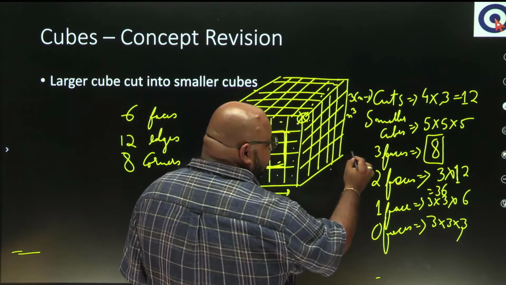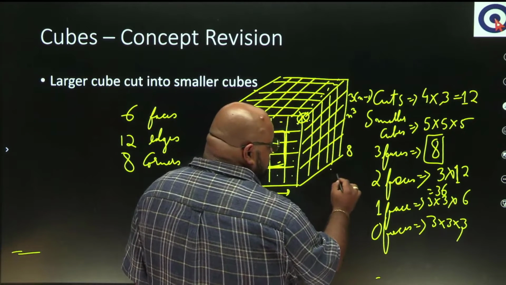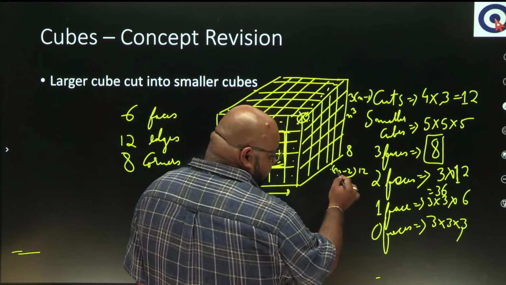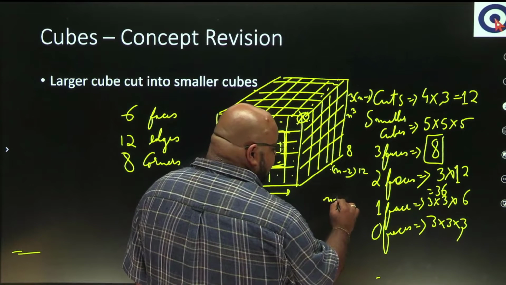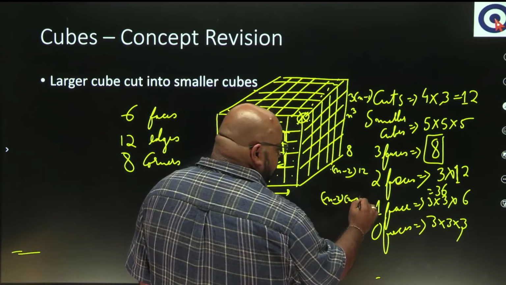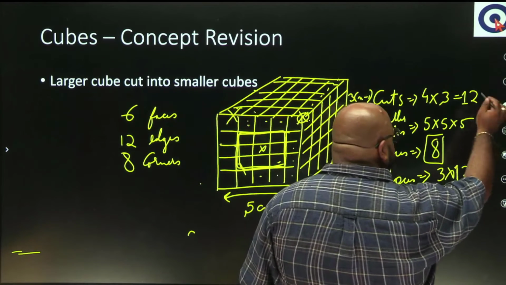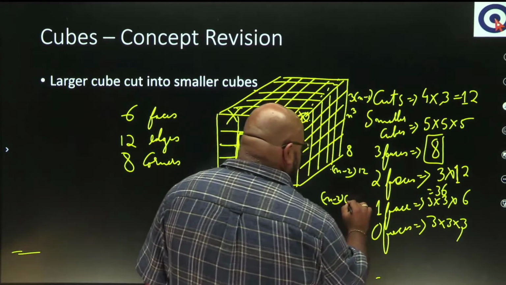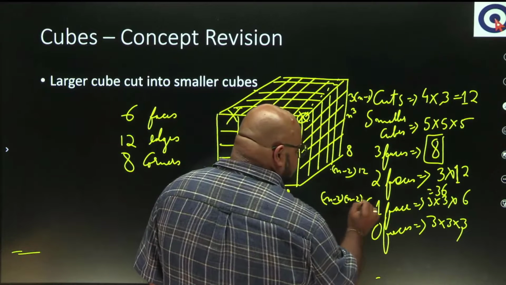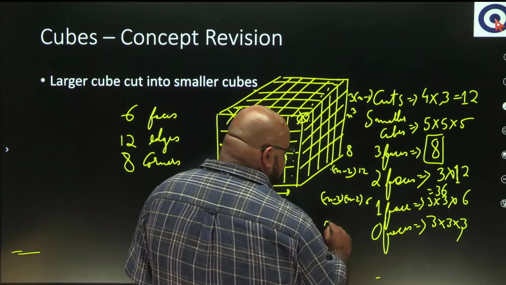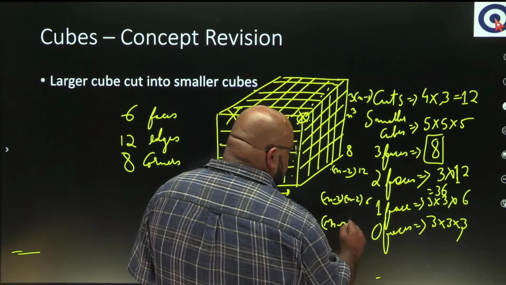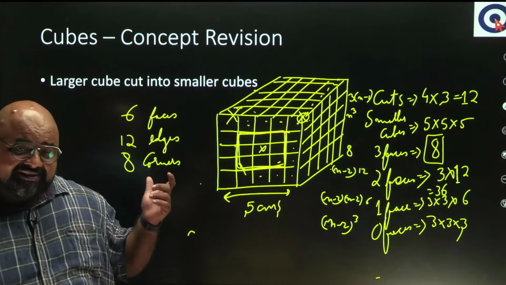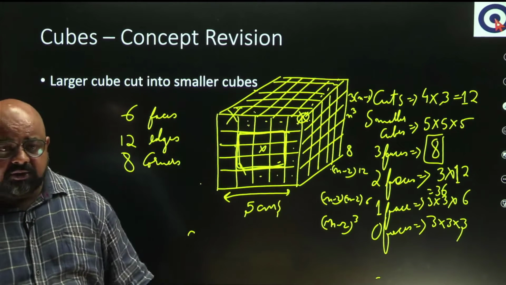The number of cubes with 3 faces colored remains 8. 2 faces colored is n minus 2 into 12, n minus 2 on each edge. 1 face colored is n minus 2 into n minus 2 into 6 on each face, and 0 faces colored is simply n minus 2 cube. If you do come across this question, just put the value of n as the side of the larger cube and you can solve the question, right?